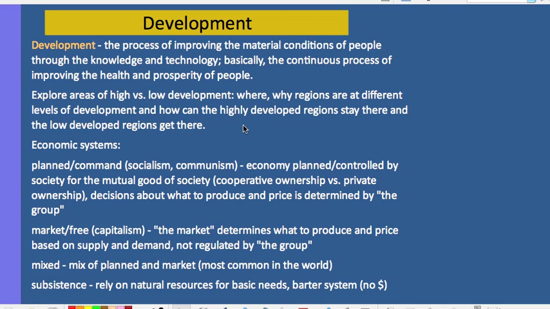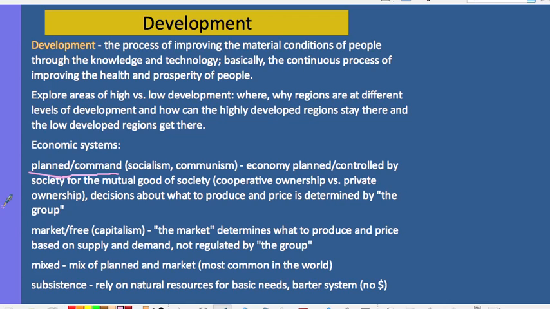Now, not part of the book, but I think helpful in understanding economic development is the basic economic systems. And these are planned or command system. This is often called socialism, and an extreme form of socialism would be communism.